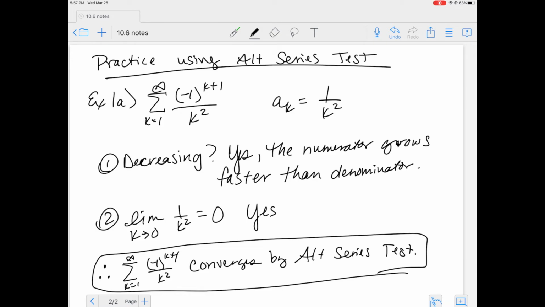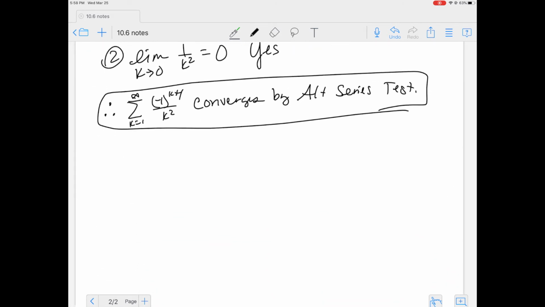Like we just talked about, if we take the absolute value of this, you get 1 over k squared. We automatically know that's convergent, so absolute convergence implies convergence because of the p series. But that aside, we're just going to do a little practice here using this alternating series test.